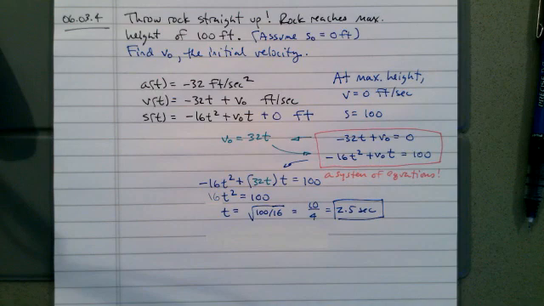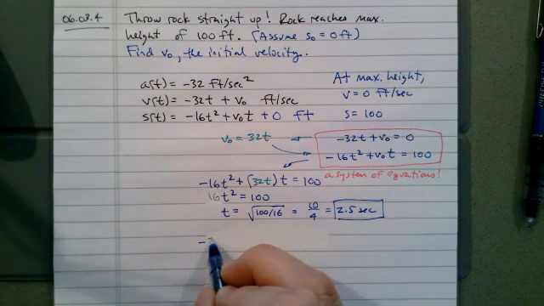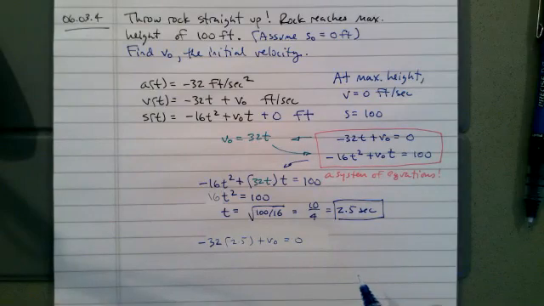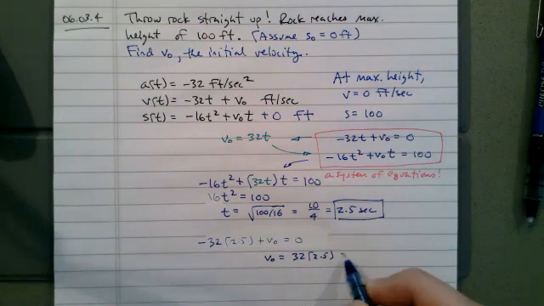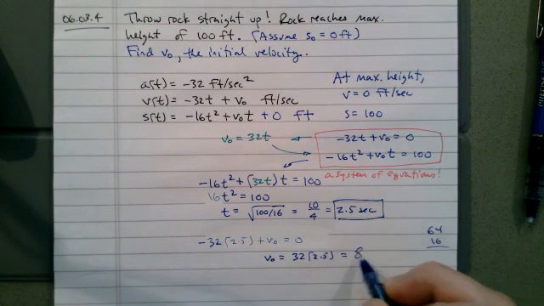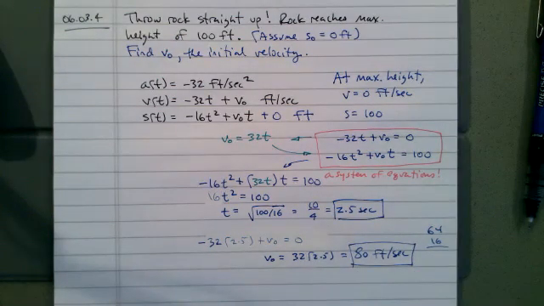We want the initial velocity, so we know negative 32 times 2.5 plus v naught is equal to 0. And so v naught is equal to 32 times 2.5. So that's 64 and 16. So is that 80? So that's our initial velocity. Any questions?